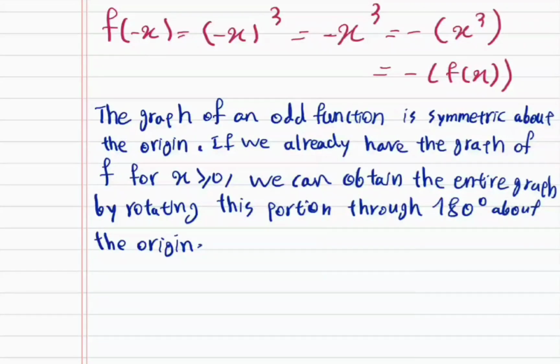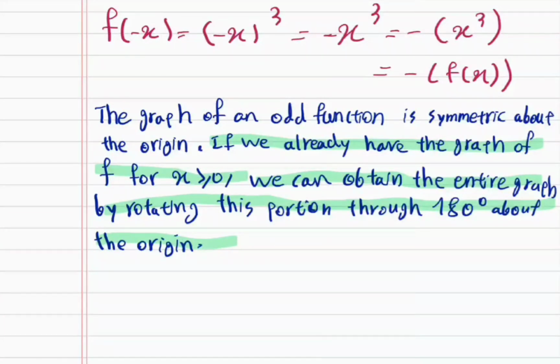So now if you want to consider the geometrical property of odd functions, that is the graph of an odd function is symmetric about the origin. So if we already have the graph of f for positive x values, we can obtain the entire graph by rotating this portion through 180 degrees about the origin.